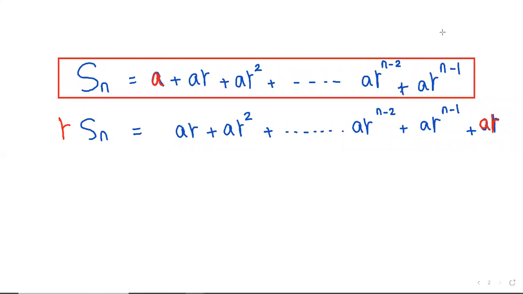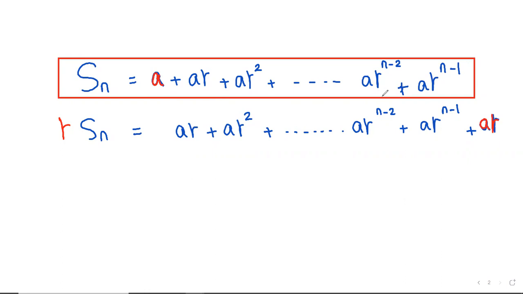When multiplying it by r, you will get r multiplied by Sn on the left-hand side, and a multiplied by r will be ar, okay? And then ar multiplied by r will be ar to the power of 2, and ar to the power of 2 multiplied by r will be ar to the power of 3, and so on for all terms.